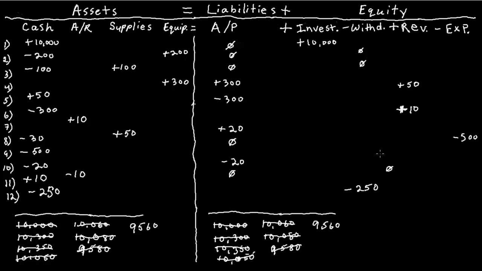Again, technically, we would say that our withdrawal increases, but because the effect that withdrawal has on equity is a negative or a minus effect, I'm writing this down as a negative 250.